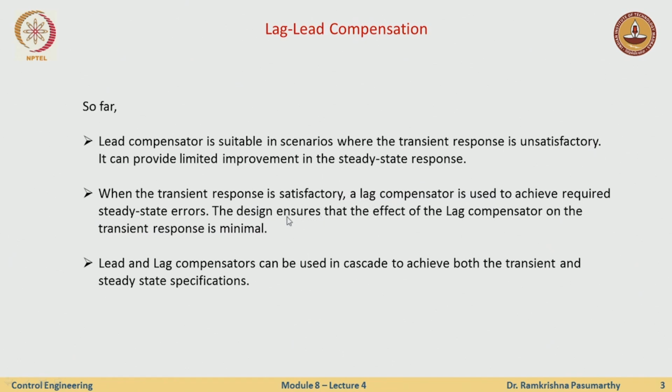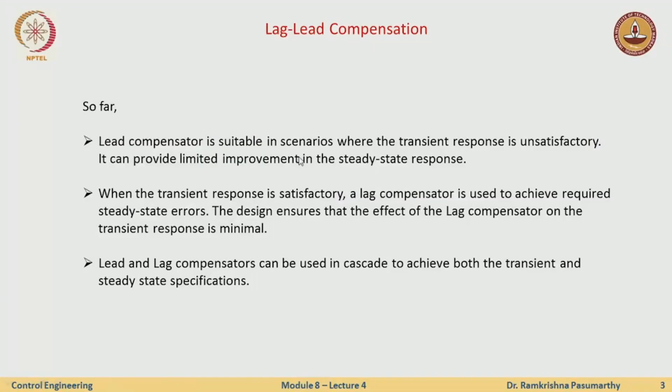right. And while we do these two design procedures, while designing the lead compensator, we would like the effect on the steady state to be minimal or maybe sometimes improve, whereas when we design the lag compensator, we would want to design it in such a way that the system transients are not affected, and therefore we look at keeping the angle to less than 5 degrees.